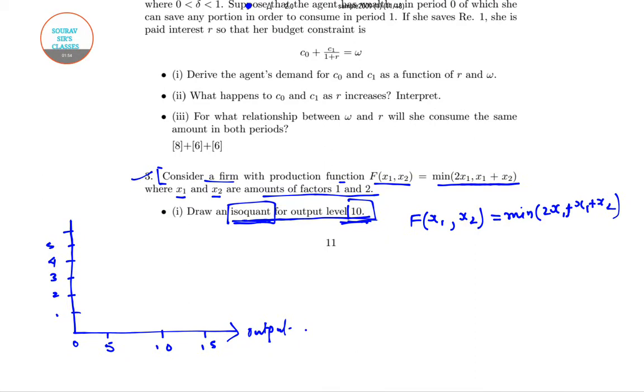For output level 10, the isoquant will look like this. The isoquant will be a kinked isoquant, where the kink will be at 5.